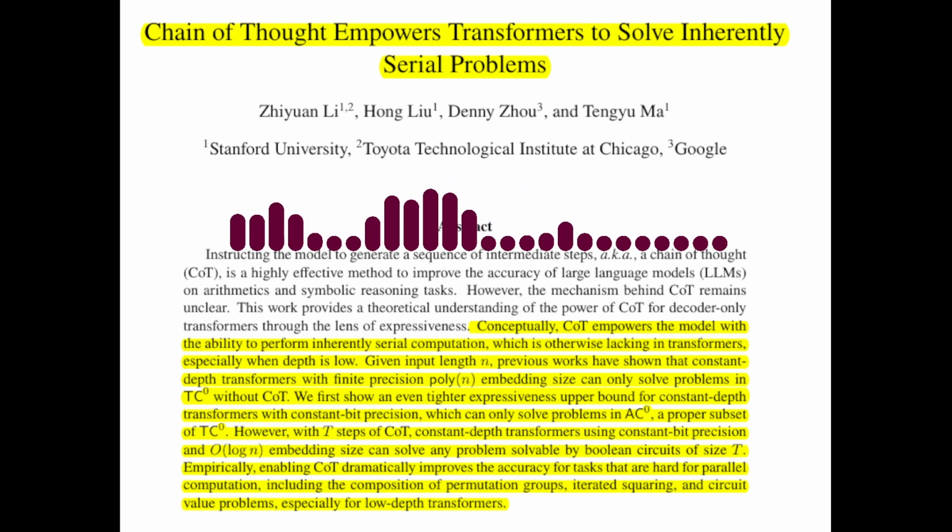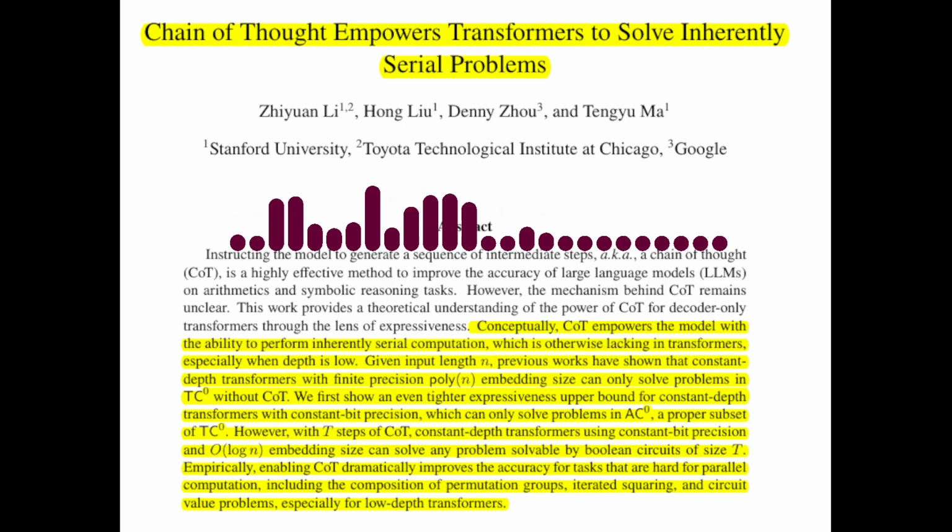The number of steps in the chain of thought, denoted as T, can increase with the input length, while the depth remains constant. So, essentially, chain of thought acts as a mechanism to extend the effective depth of the transformer? Precisely. The paper demonstrates this by analyzing the expressiveness of transformers with and without chain of thought.